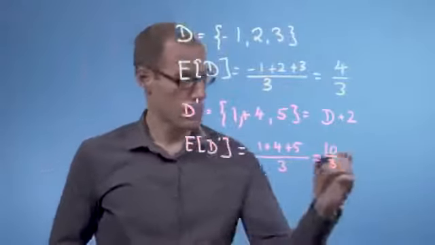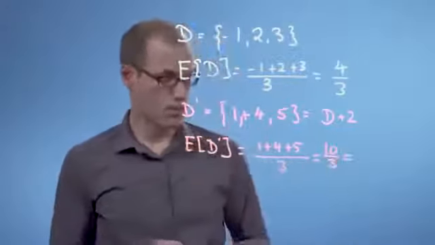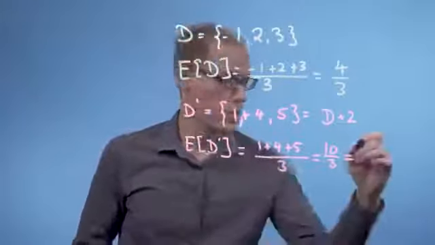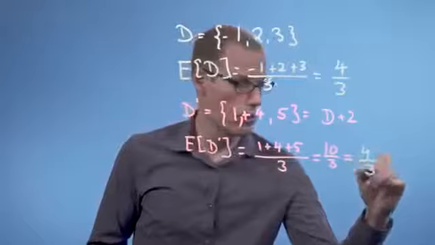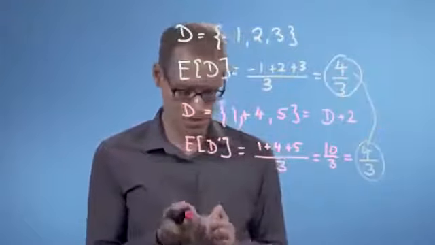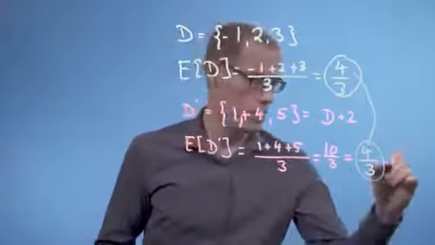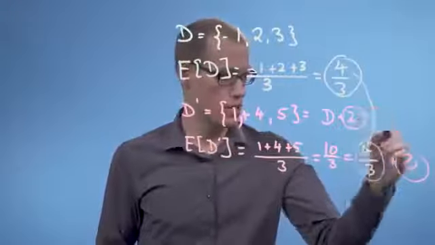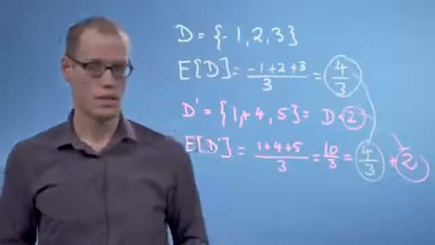And in particular, we can write this in a slightly different way. We can write this as 4 over 3, which comes from here, plus 2, which is the shift or the offset of the original data set.